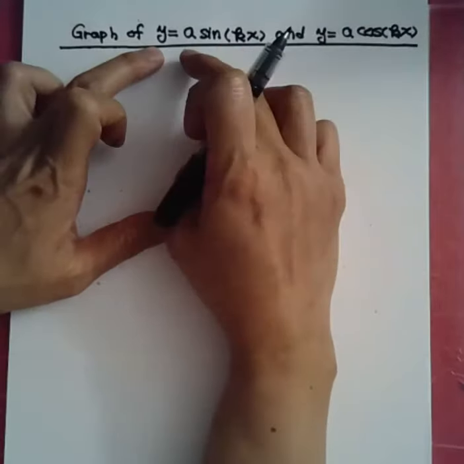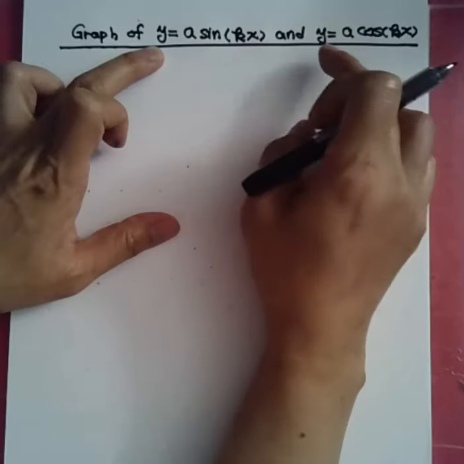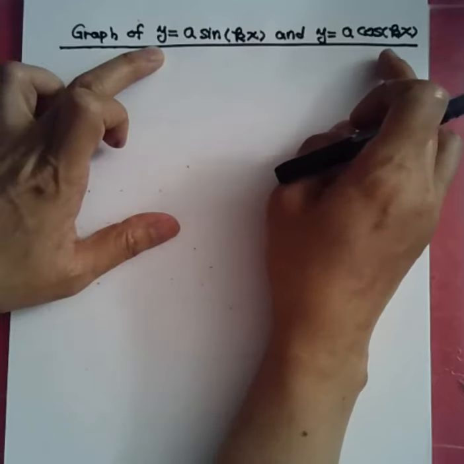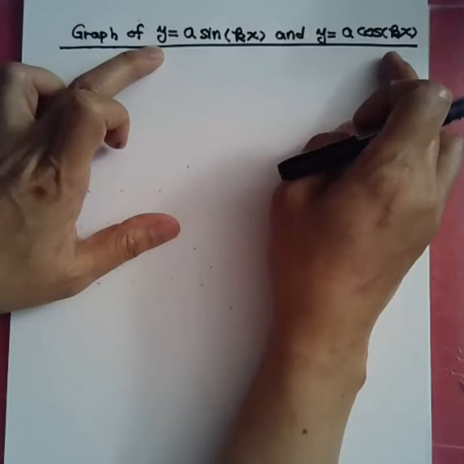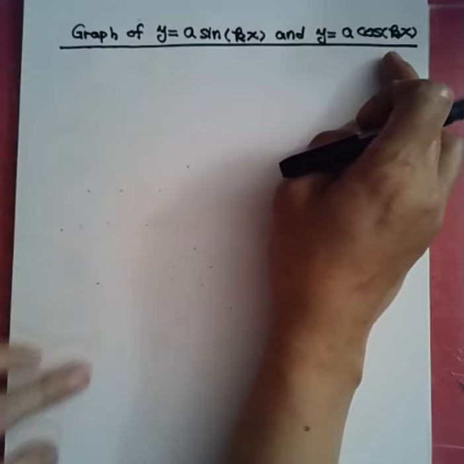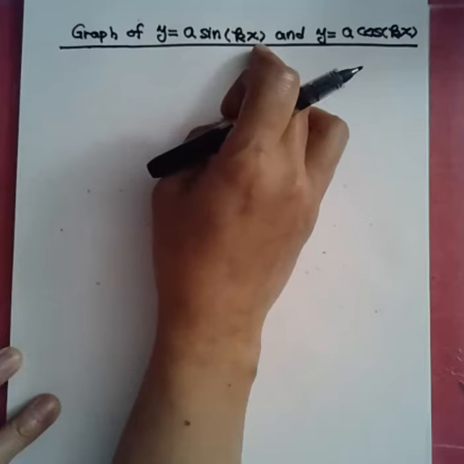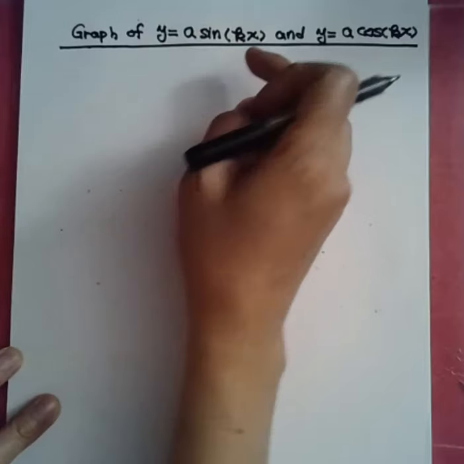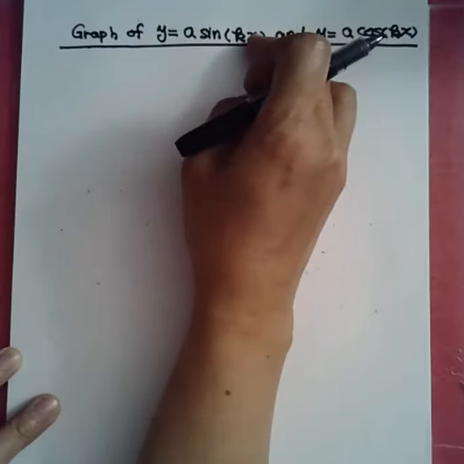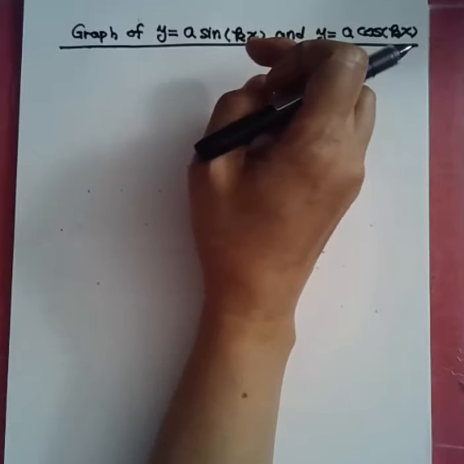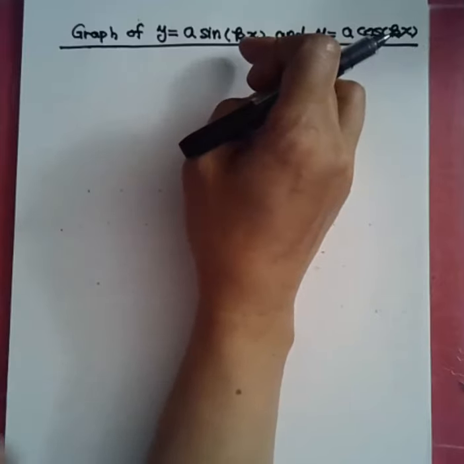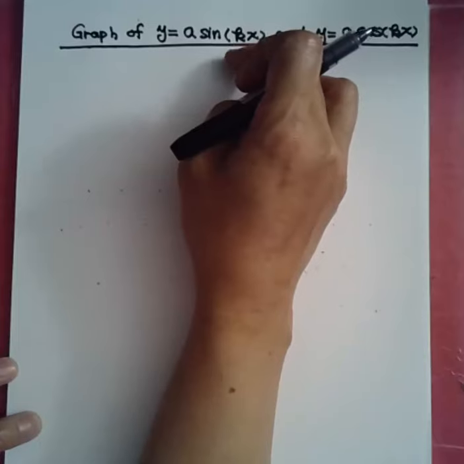y equals a sine of kx and y equals a cosine of kx is a more general version of the sine and cosine functions' graph. Geometrically, by multiplying k to x, depending on the number, it can be a horizontal stretch or shrink.